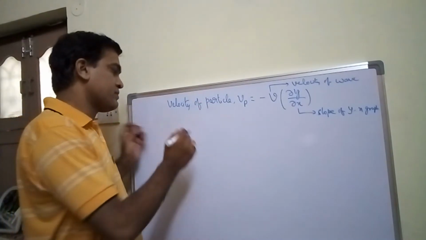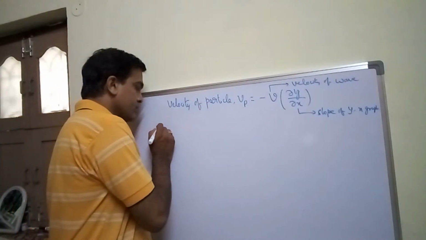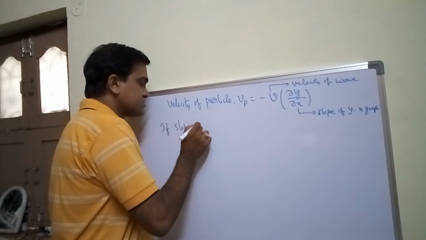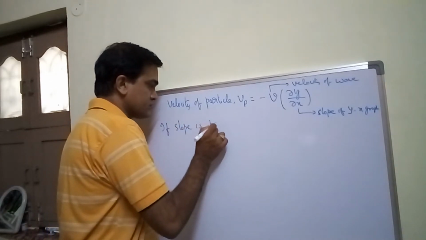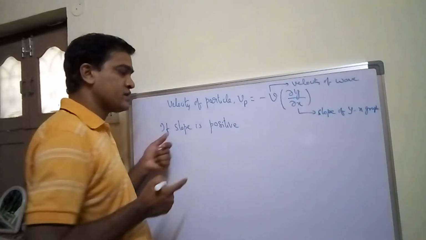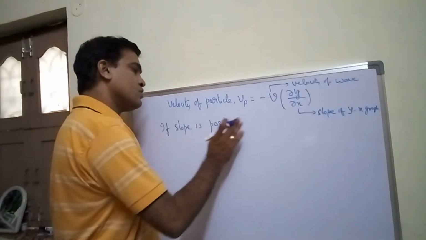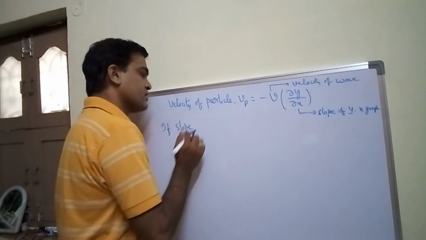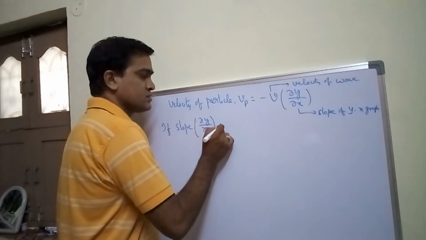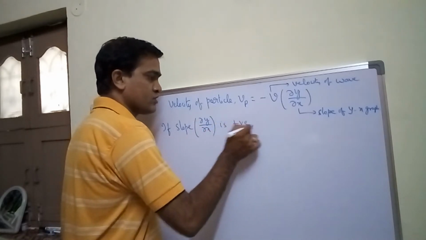What happens if slope dou y upon dou x is positive?